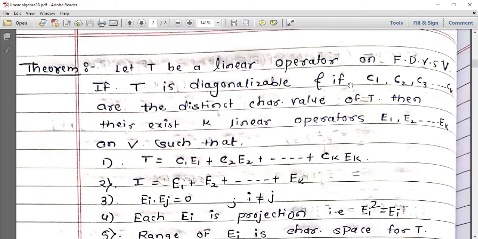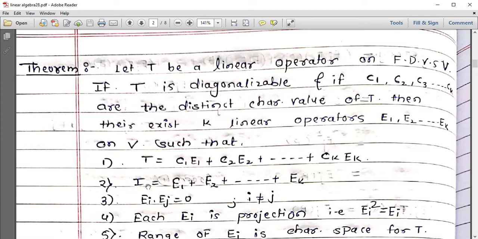Theorem. Let T be a linear operator on a finite dimensional vector space V over the field F. If T is diagonalizable, and if C1, C2, C3 up to Ck are distinct characteristic values of T, then there exist k linear operators E1, E2 up to Ek on V such that, first condition, T is equal to C1 E1 plus C2 E2 plus up to Ck Ek.